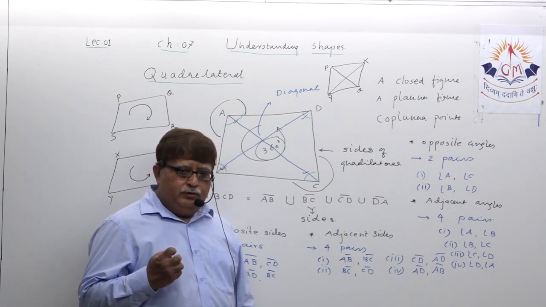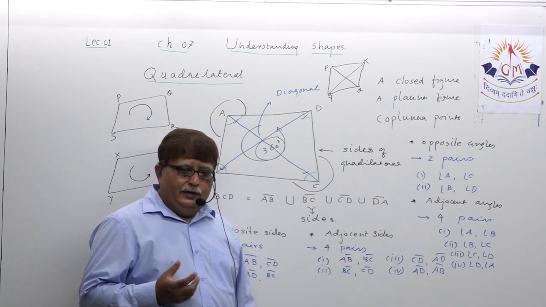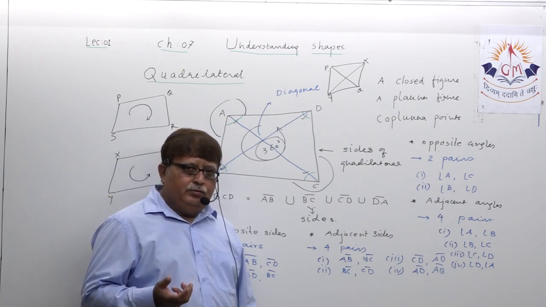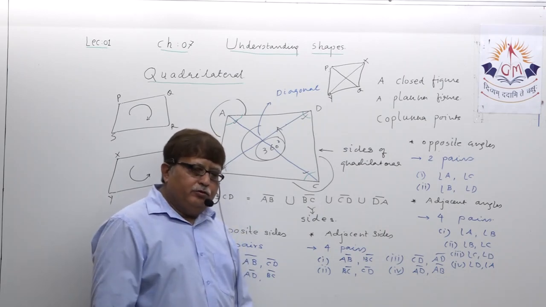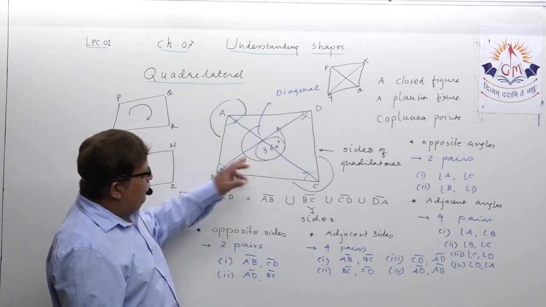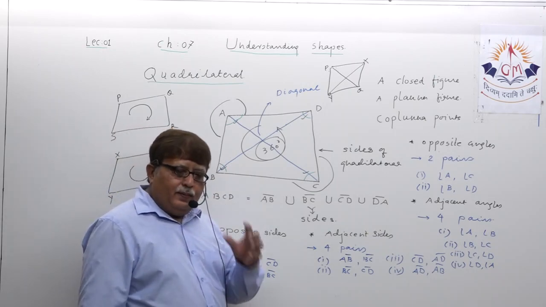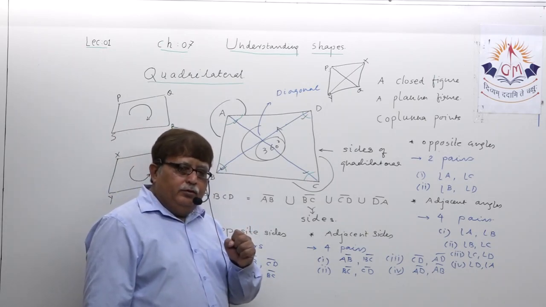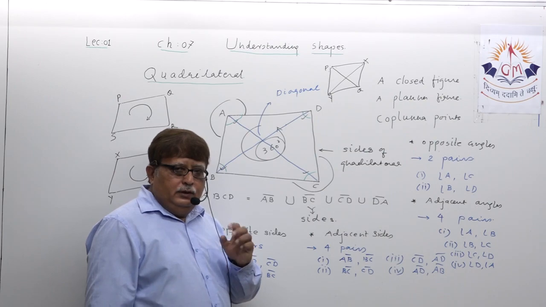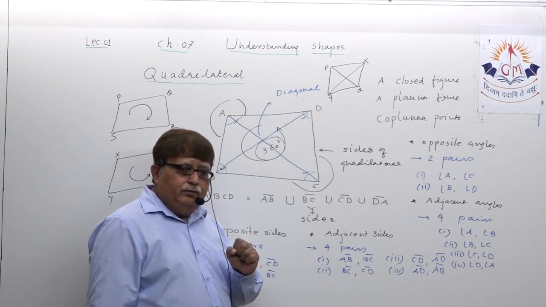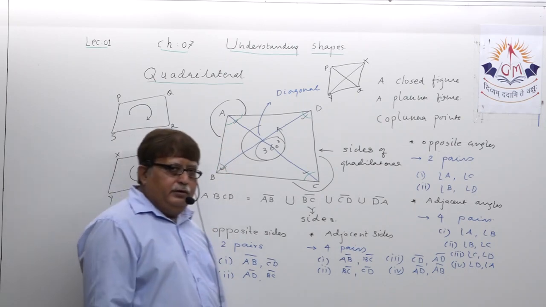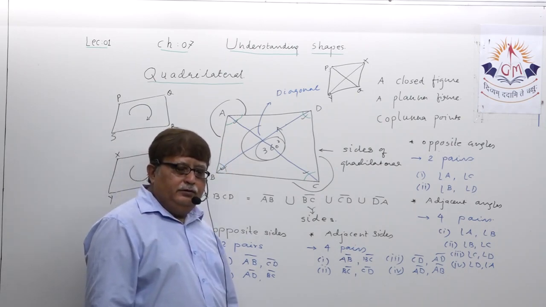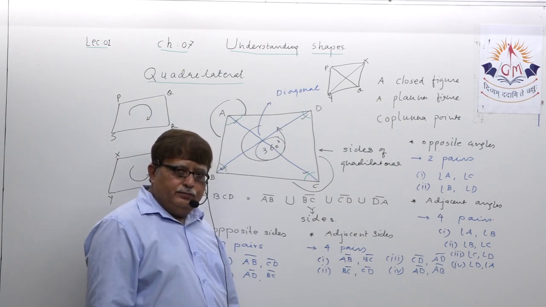Before we move into the theorem, I have to explain the meaning of a theorem also. That is again a basic concept of geometry. But one thing has to be very clear: the sum of measures of all angles of a quadrilateral is 360.